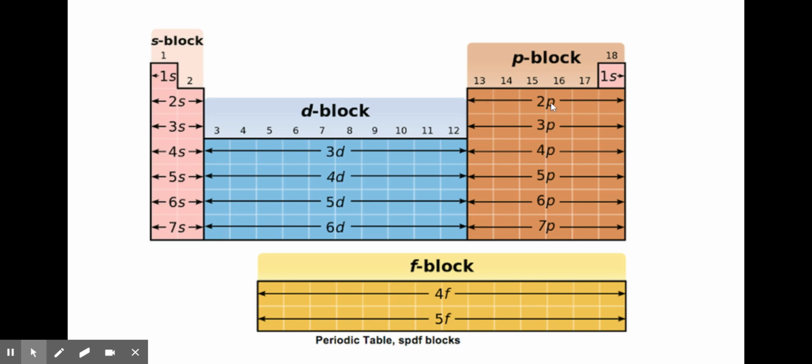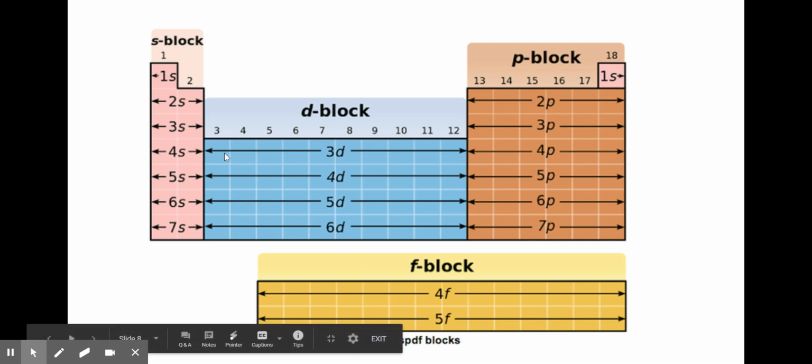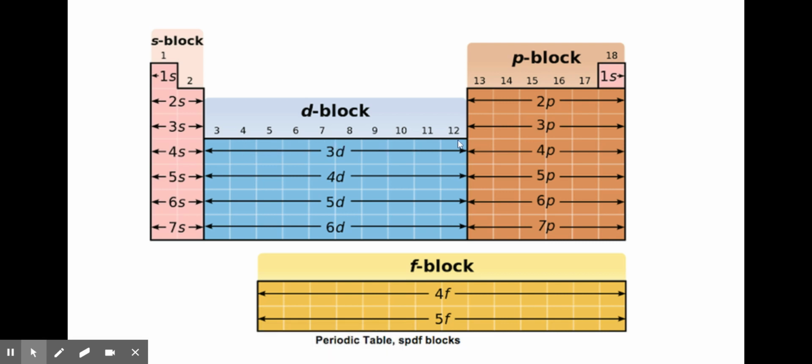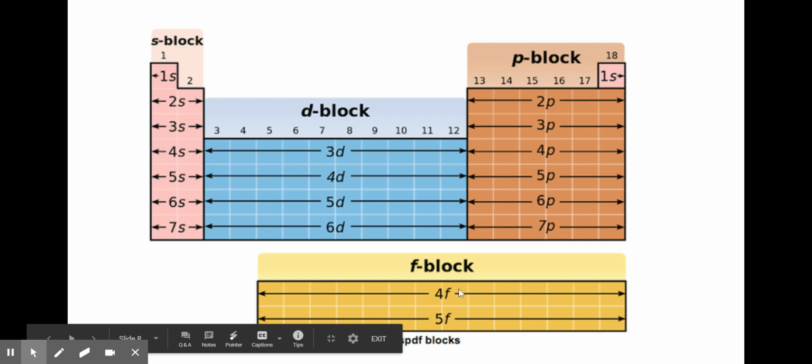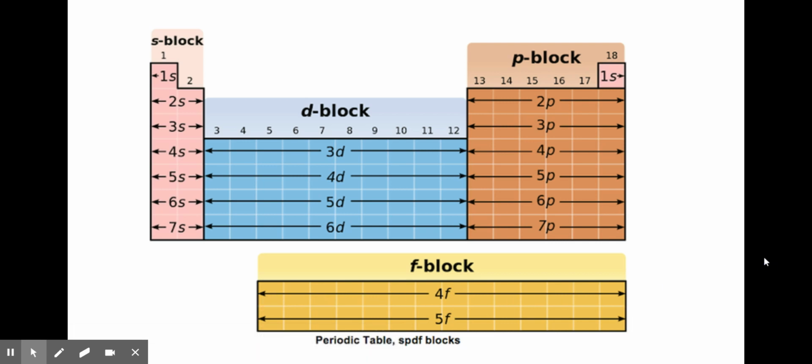We know every p subshell can hold 6 electrons. How many blocks do you see here on the periodic table? 1, 2, 3, 4, 5, 6. Makes sense? D's can hold a maximum of 10. 1, 2, 3, 4, 5, 6, 7, 8, 9, 10. And the F's can hold 14. So there should be 14 blocks going across there. Okay.